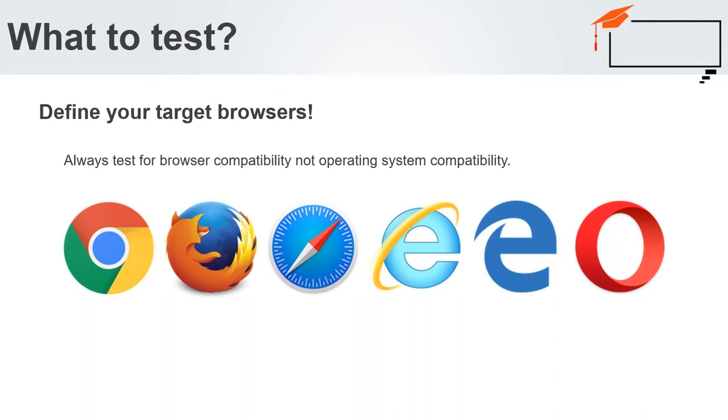So the natural thing to do would be to test these browsers on every one of the available operating systems. But in most cases, this is not strictly necessary because they still render web pages the same on the different operating systems, as long as you don't go for pixel perfect, because there can be slight differences, for example, in font rendering. But for general functionality, you will be fine if you just test on one operating system.